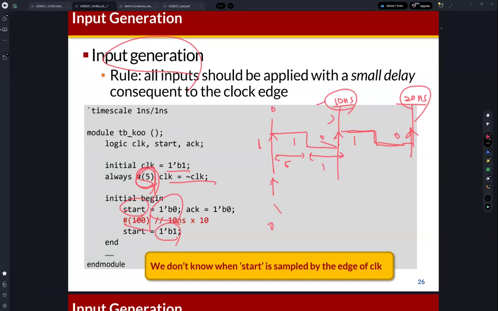Let us assume that this is 100 nanoseconds. Start was 0, and at this time start becomes 1, at 100 nanoseconds. What's the problem?